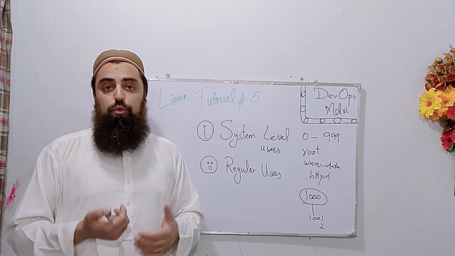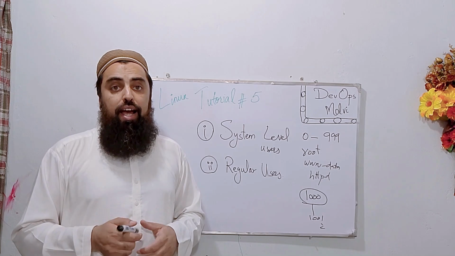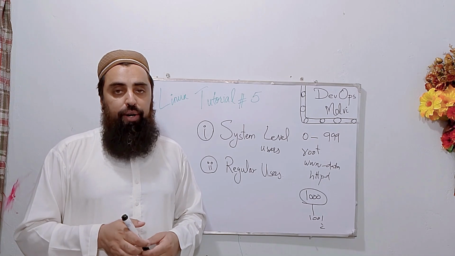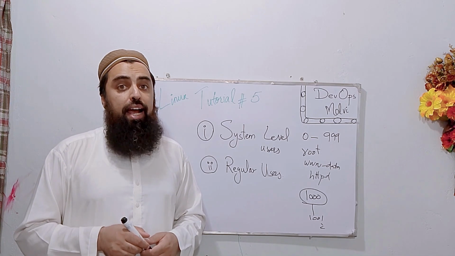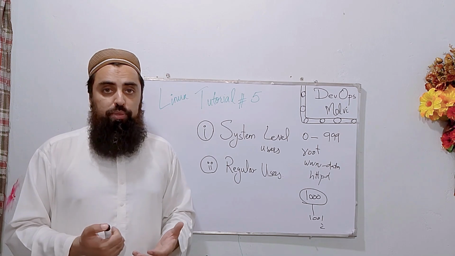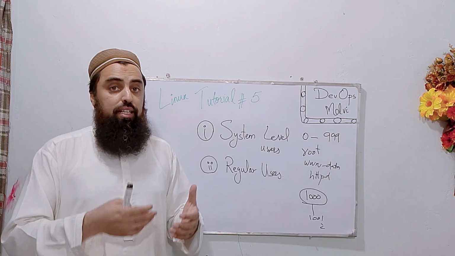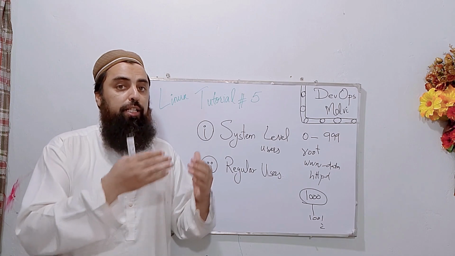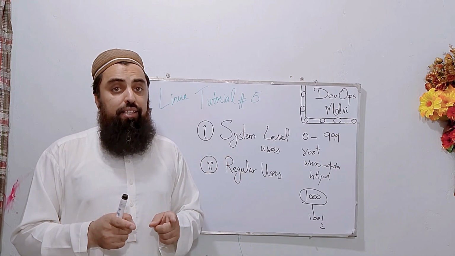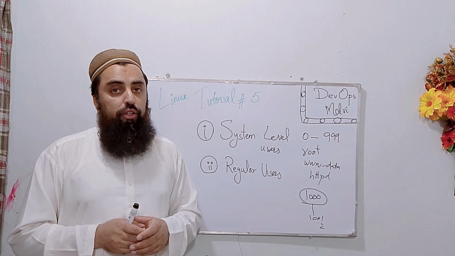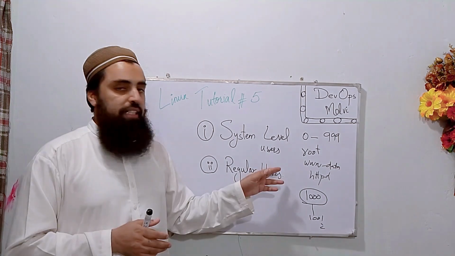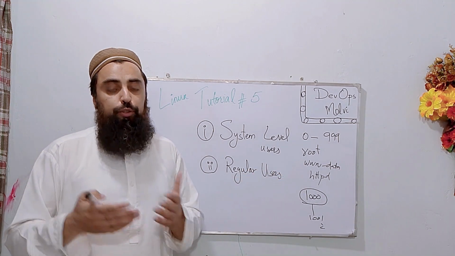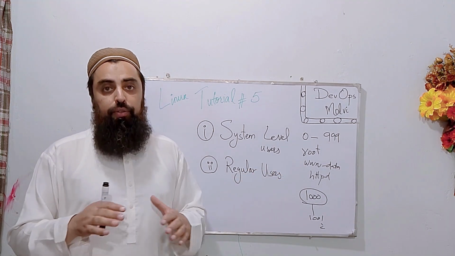Also guys, you have to remember that whenever we add a new user, the home directory of that user is not added by default. And what is a home directory? A home directory is a folder, a dedicated space in which the user can keep their data. But remember that the home directory is not created by default. For instance, if I add a new user with the useradd command, the home directory will not be added.